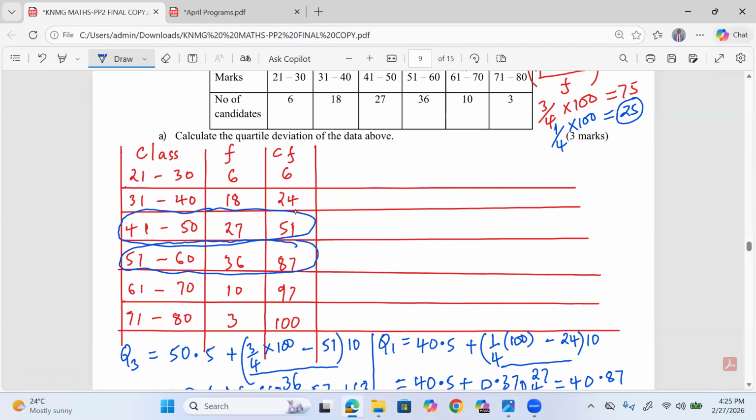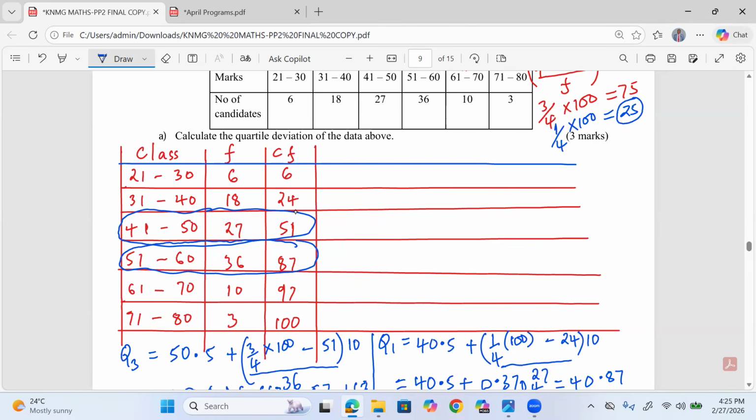Allow me also to introduce another horizontal line there. This way. Yeah, like that.